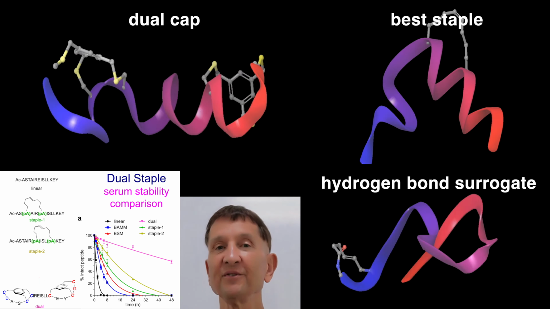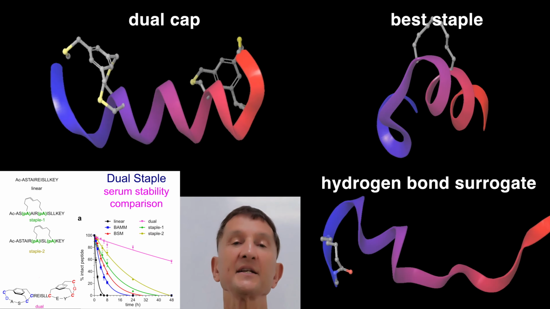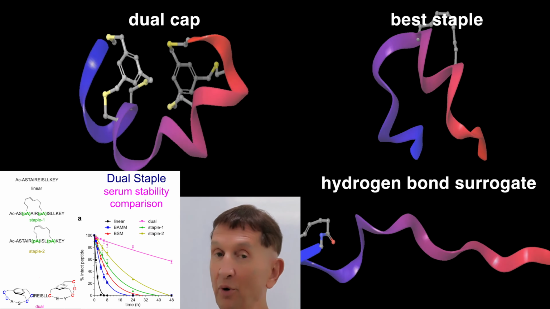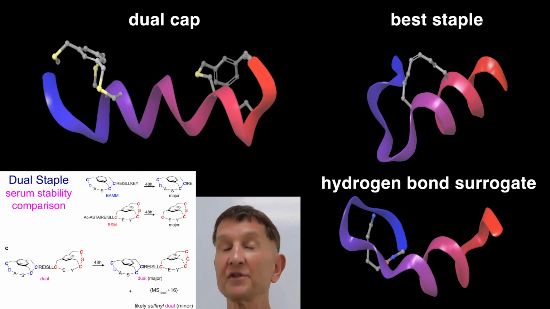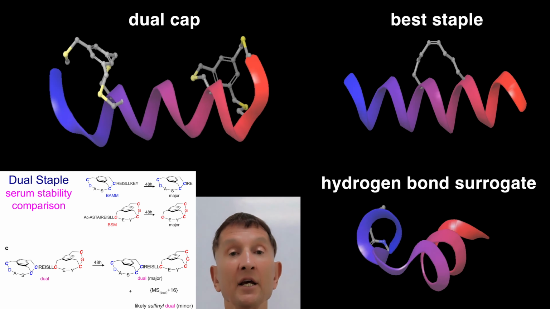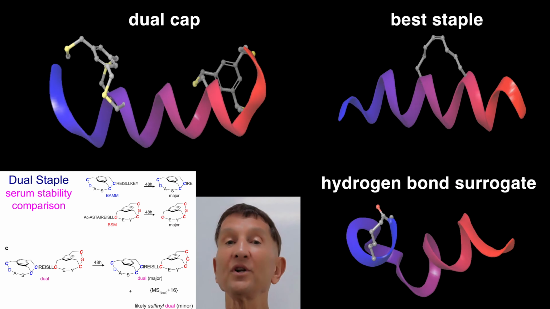That's a big deal if you're using helical interface mimics as potential cellular probes and drug leads. In fact, when we looked at the degradation products from the dual cap mimic, they weren't proteolytic degradation at all. The most prevalent degradation product after a long time was oxidation of the sulfurs in the cysteine side chains. But that didn't happen very quickly at all.